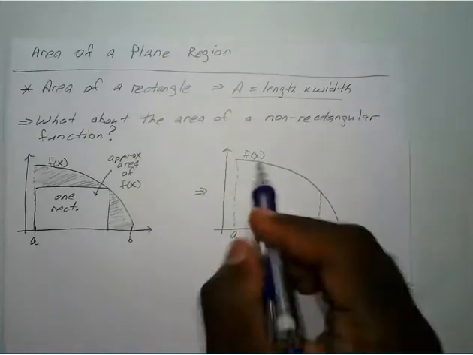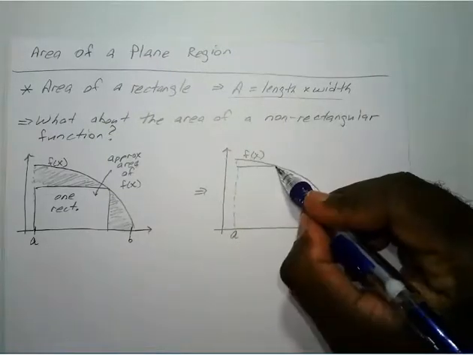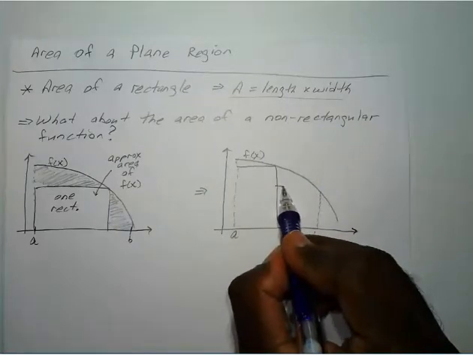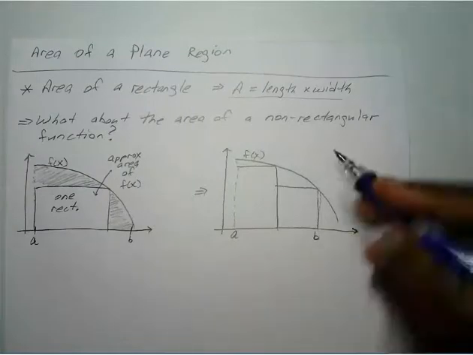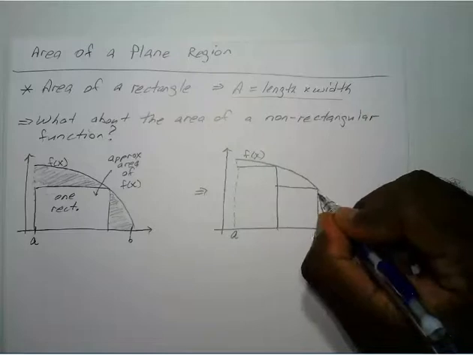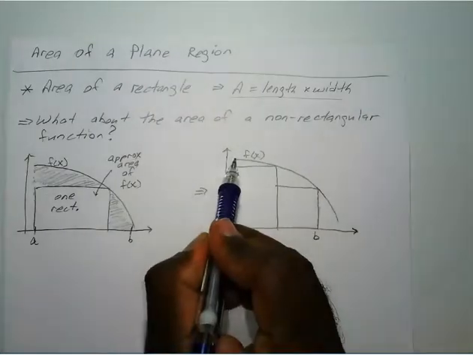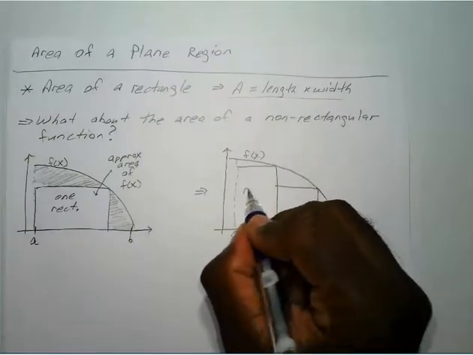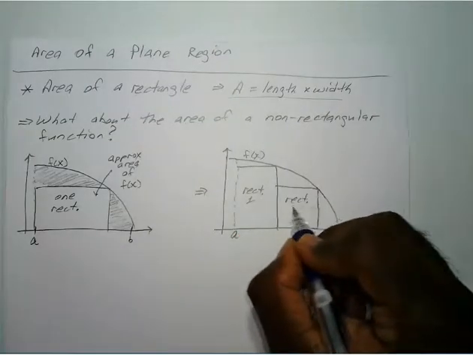If we have two rectangles, let's say one rectangle from here to here and another rectangle from here to here. Let me kind of straighten that dotted line up. So we have our function, and we now have the area of rectangle number 1 and rectangle number 2.